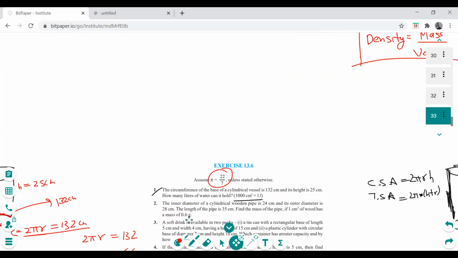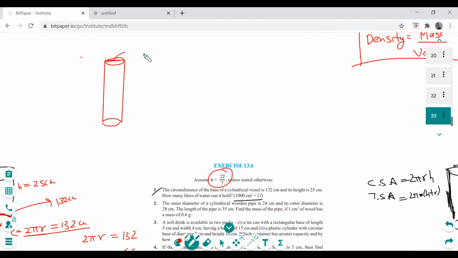There is the inner diameter of a cylindrical wooden pipe. I guess this will be a hollow figure now because there are inner and outer things involved. So I have a cylindrical pipe, and it has an inner diameter.